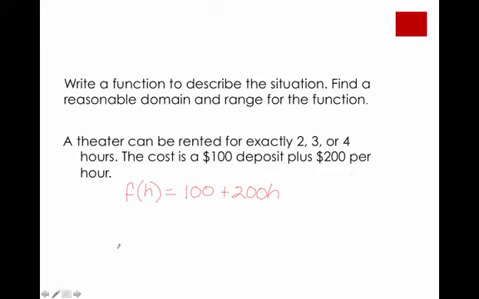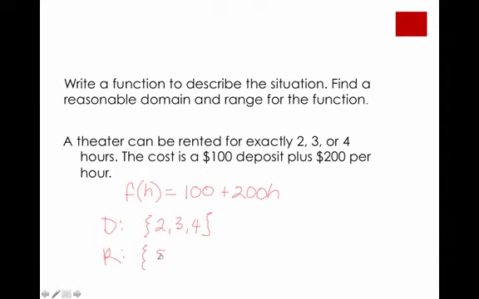Well, I can rent it. My domain is going to be, it tells me I can do 2, 3, or 4 hours. This is not an inequality. I've got specific amounts of time that I can rent the theater for, which means my range, I can input that 2, 3, and 4 into my function, and I will get out 2 times $200, $400 plus $100, or $500.